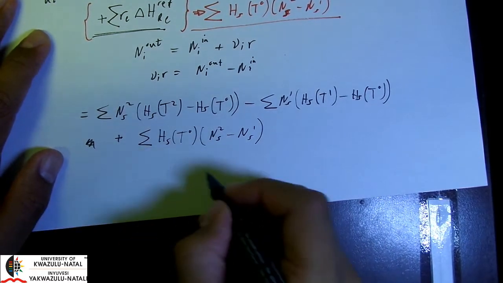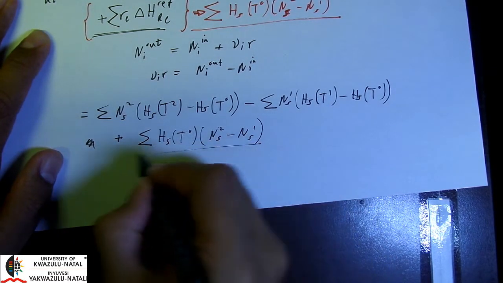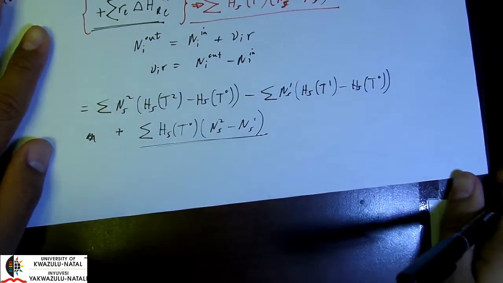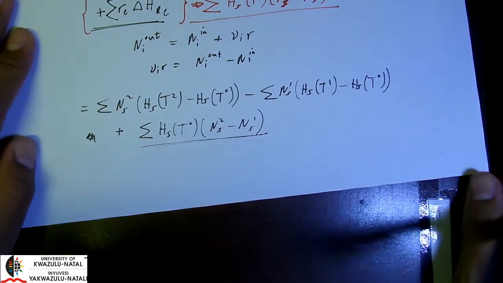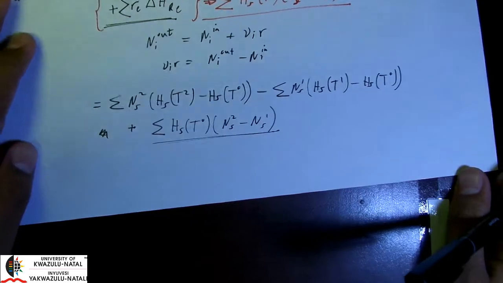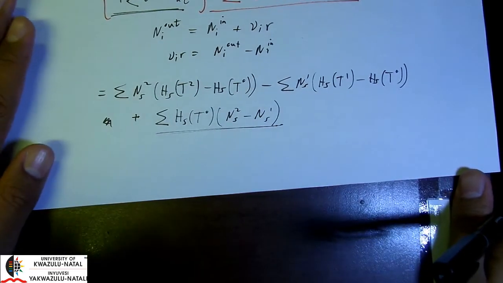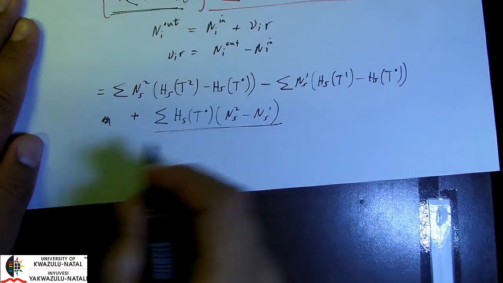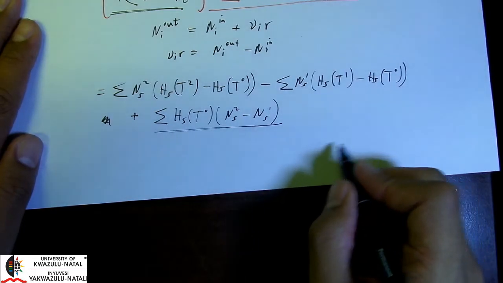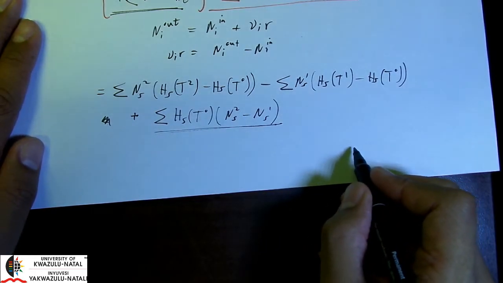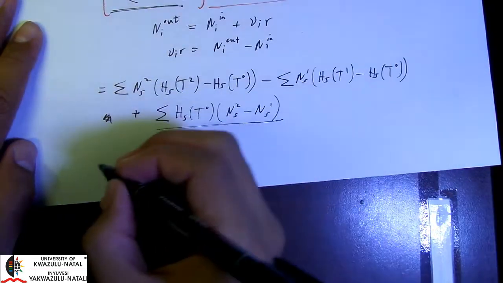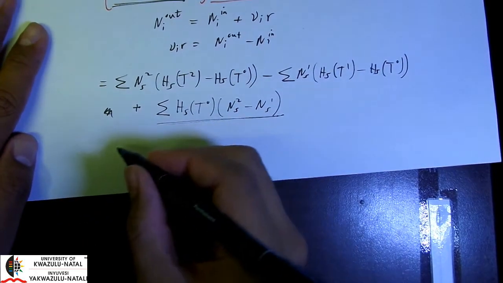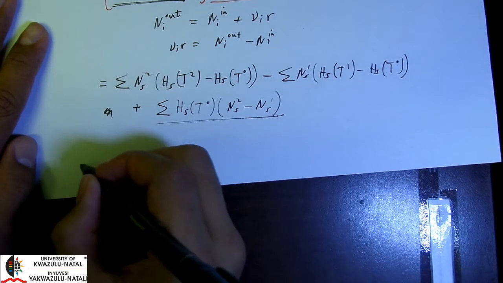Now we can re-express this by looking at our definition of our enthalpies of formation. Recall that our heats of formation are the heats of our formation reaction for each species. Remember that we are forming our species from individual elements.